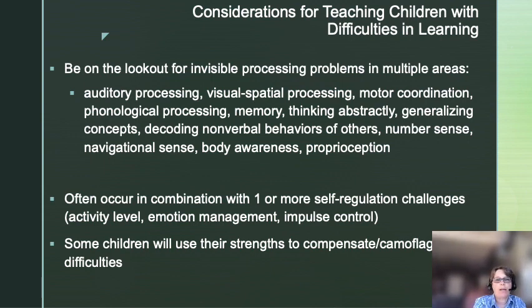If you know that a child has significant difficulties in auditory processing, which basically means they can hear, sounds are coming in, but in the decoding of those sounds, something is going awry, making it difficult to understand spoken language, particularly in the absence of visual cues.